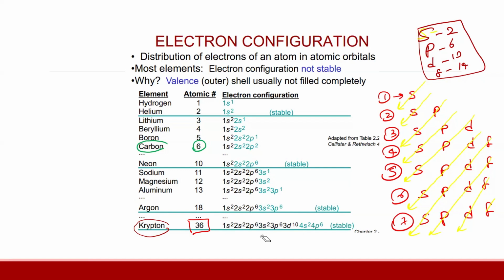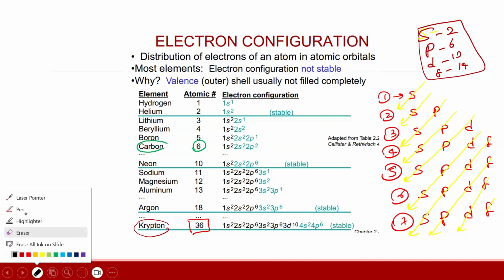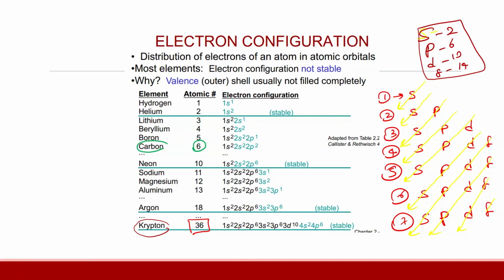Did you get it? I have done the krypton one. Yeah, I got 1s2, 2s2, 2p6, 3s2, 3p6, 4s2, 3d10, and 4p6. Okay. So you can keep the S here, or if you want to, you can arrange it so that it goes 1, 2, 3, 4 in that way.